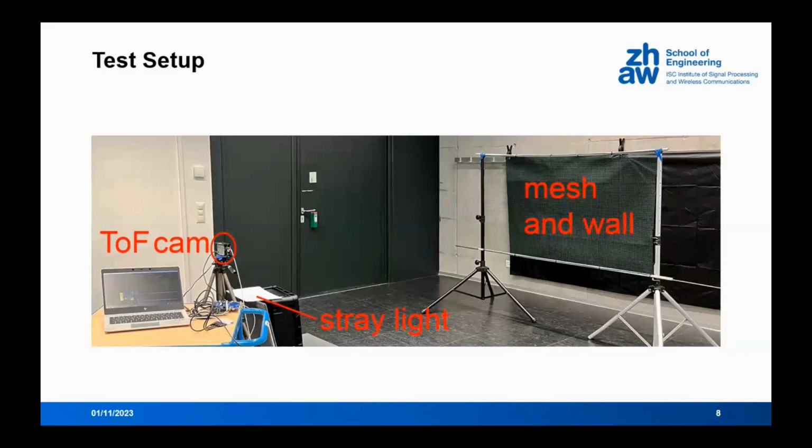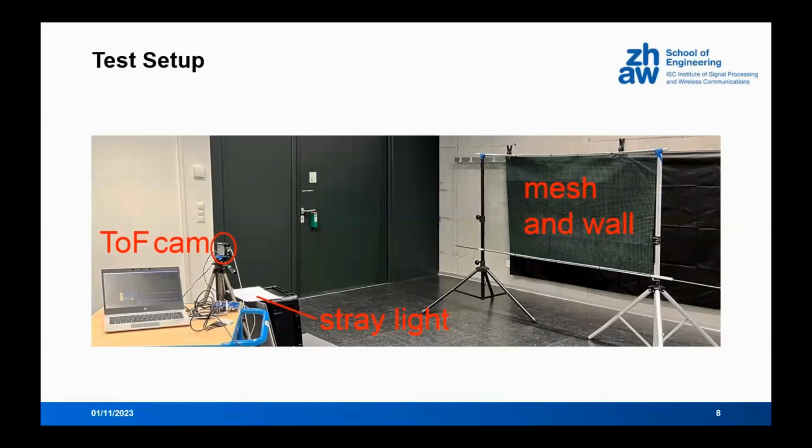For some measurements, we also added some stray light, some very close object that is close to the camera, but not in the line of sight of the camera. This is also a problem because of lens non-ideality, where the light gets reflected and causes some lens flare, even if it's not in the line of sight.